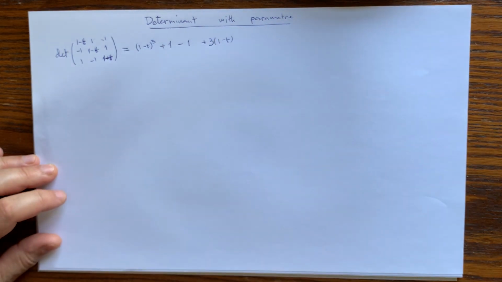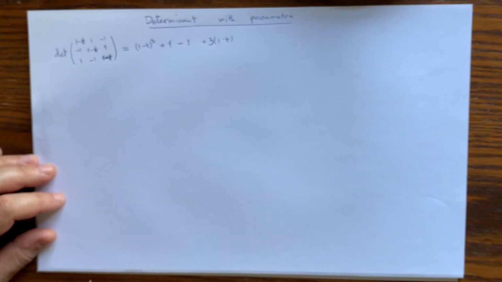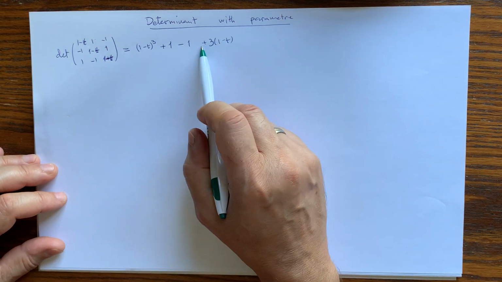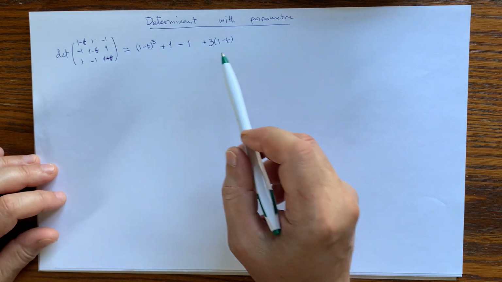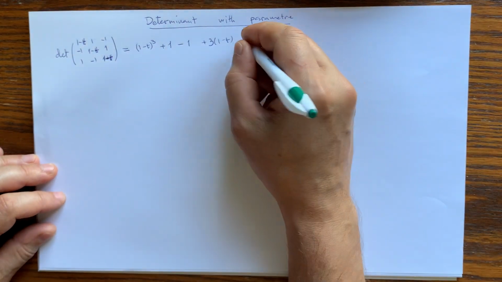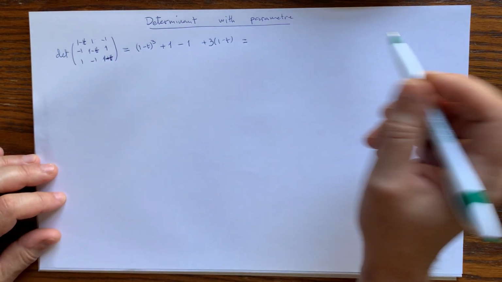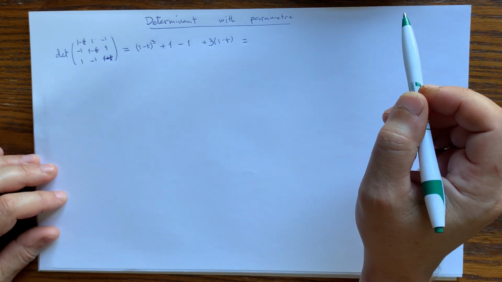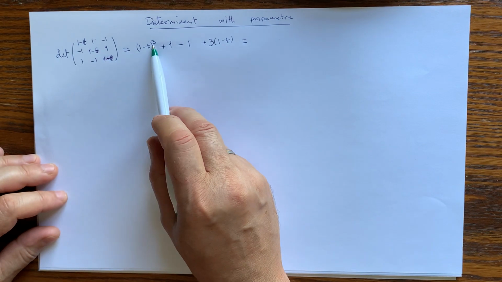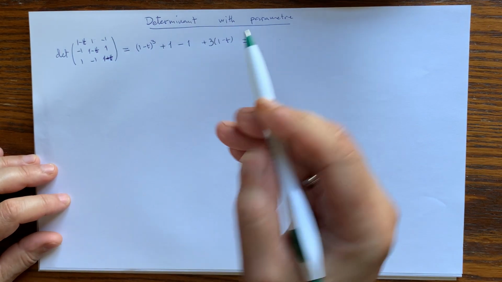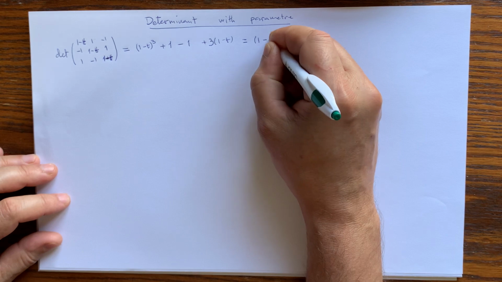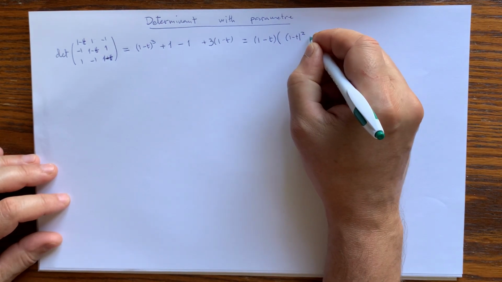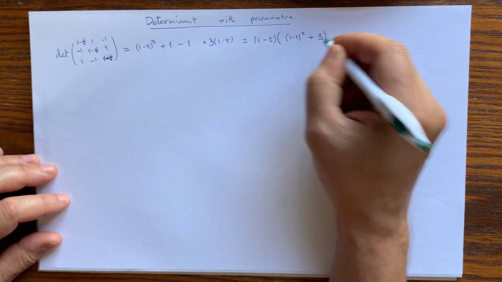So I have 3 copies of 1 minus t coming with sign minus, but the total answer is plus 3 times (1 minus t) because of these minus signs in the products. And these two ones cancel each other, so we are left with (1 minus t) cubed, and then (1 minus t) 3 times. We can factor 1 minus t immediately, and we'll have (1 minus t) times ((1 minus t) squared plus 3).